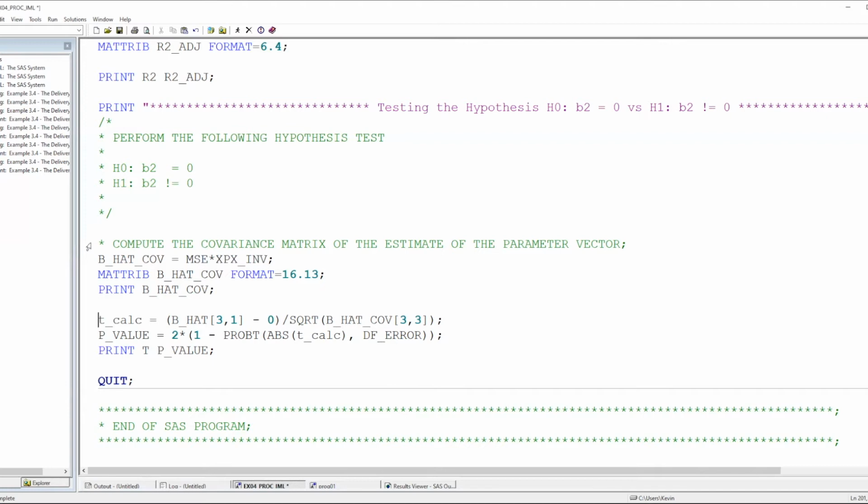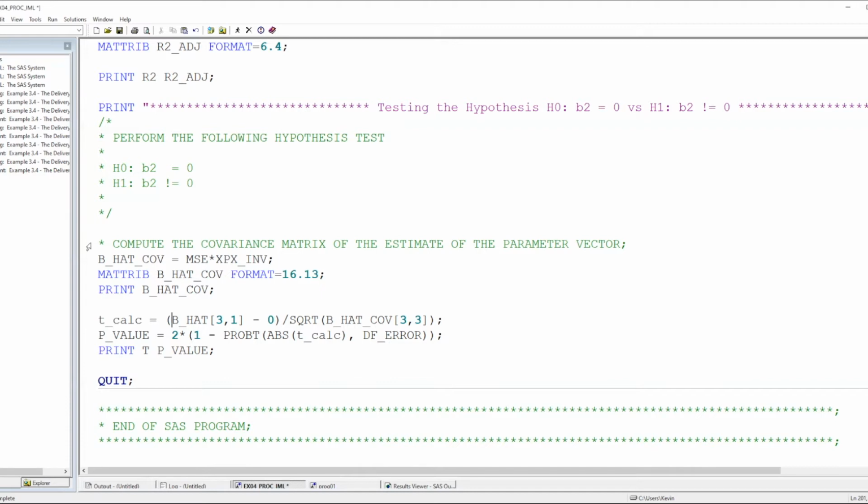Now, from there, I'm going to calculate tcalc. Again, tcalc is the difference between the point estimator of beta 2 minus 0, which is the hypothesized value, divided by the estimated standard error of beta 2 hat. We get beta 2 hat from the beta hat vector, and beta 2 hat is the third entry in that vector.